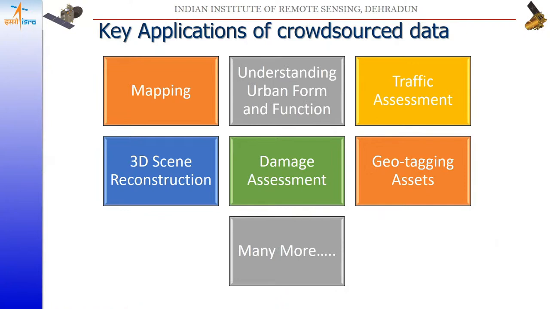Key application areas of crowdsourcing data, where people are using it: for mapping, we can use it. Different kinds of mapping can be done, like asset mapping. You want to map all the natural resources available in a particular area, or you want to do tree species mapping. Let us take one simpler example. You want to map the ATM locations in a city or the tree species in a forest. You can hire the people who are living in the vicinity.